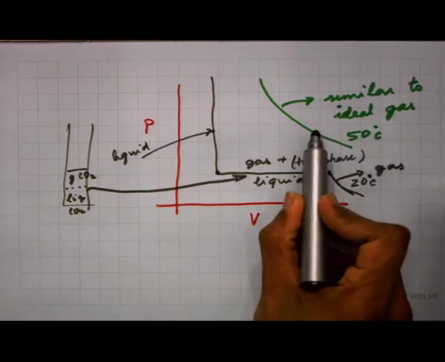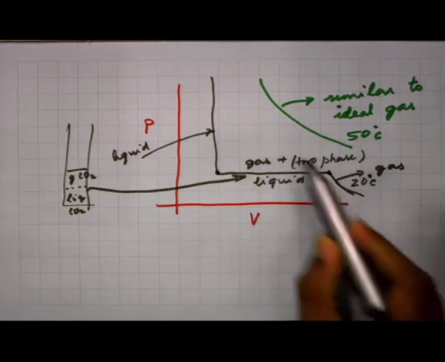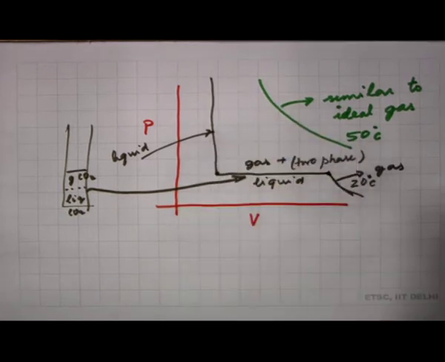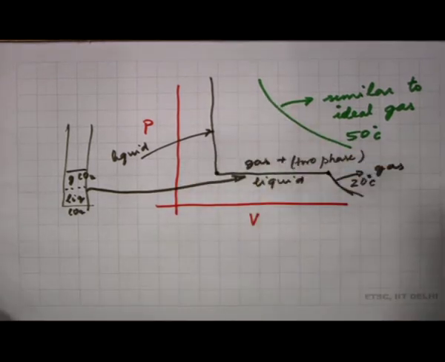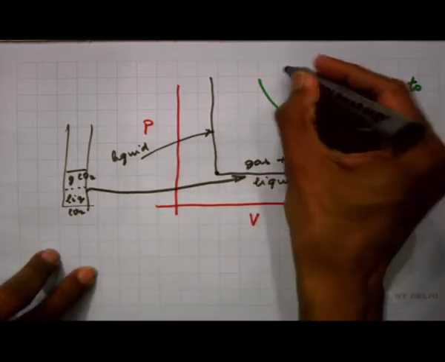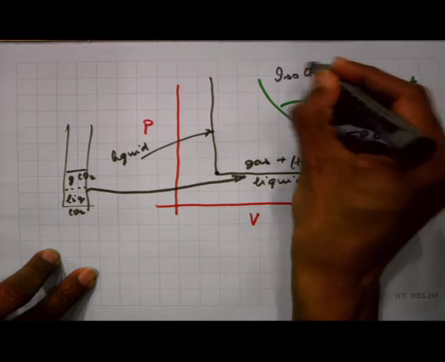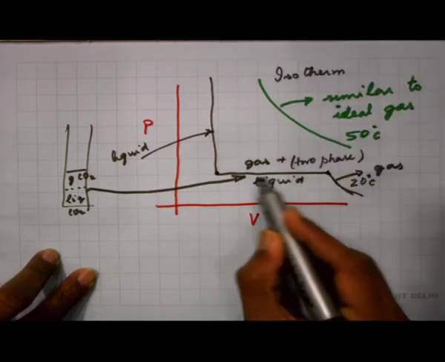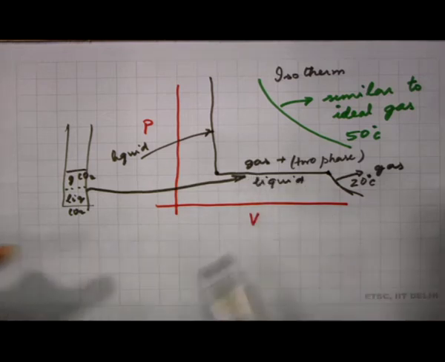Notice that at a temperature of 50 degrees centigrade, you do not have all this two phase equilibrium, neither do you have the liquid line here, only gas. Each of these lines is called an isotherm. So, this is the isotherm at 50 degrees Celsius, this is the isotherm at 20 degrees Celsius, right.